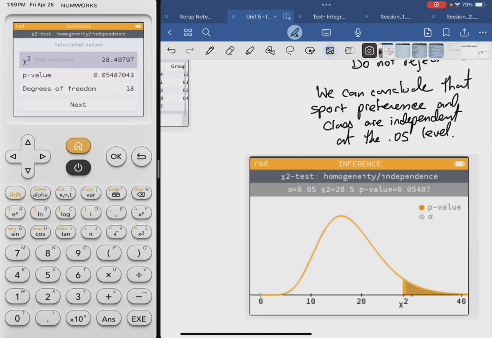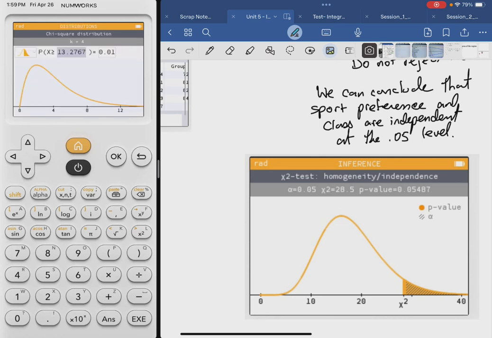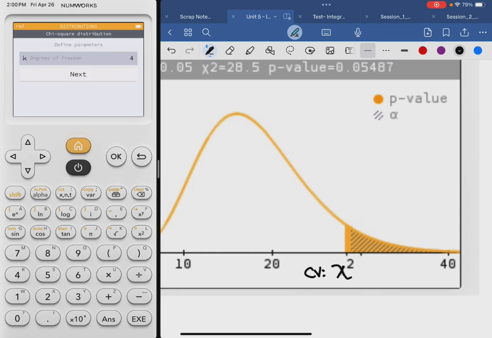And again, in terms of the actual chi-square value, maybe in a future update they'll get this for us, but they indicate that chi-square is here, and they make it look like an x squared, but it's supposed to be like a jazzy x. That's a critical value, and the cutoff was 0.05. I got to change my degrees of freedom, 18.